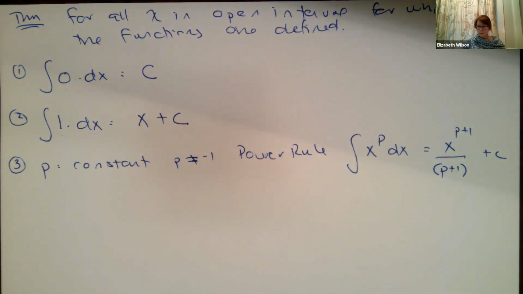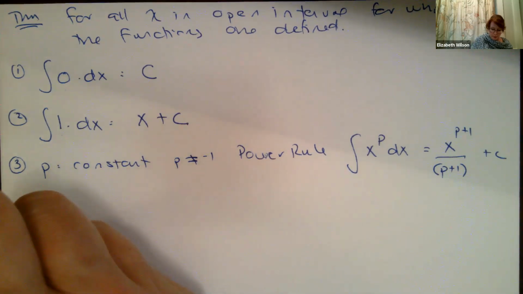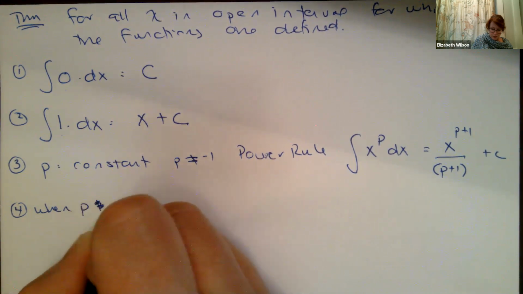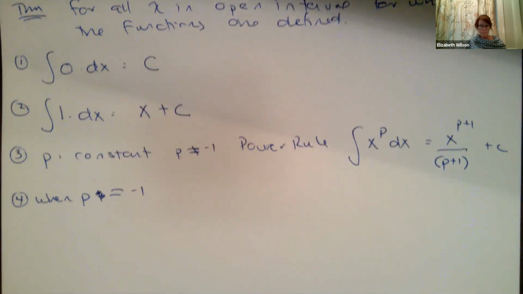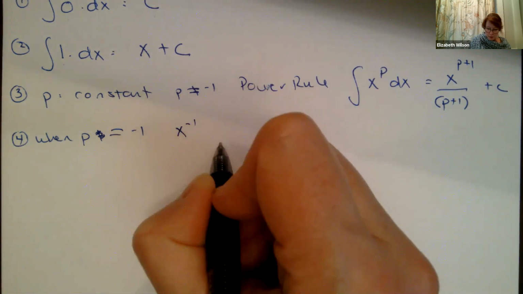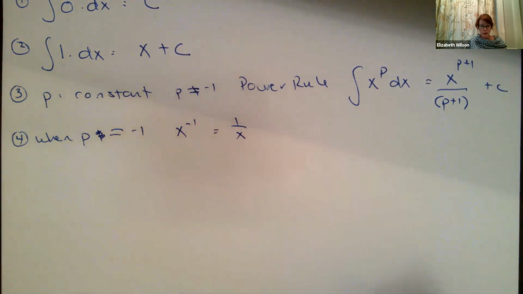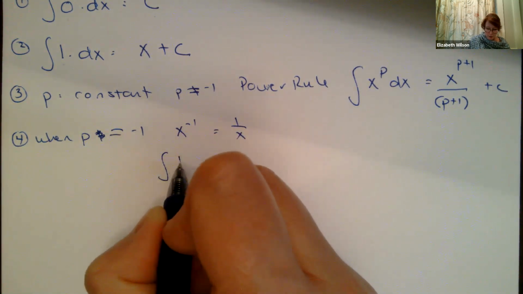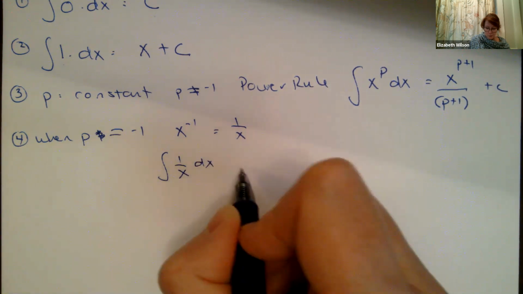Okay, let's deal with when p is equal to minus 1. If p is equal to minus 1, then I'm dealing with x to the minus 1, which is 1 over x. So if I take the integral of 1 over x dx, what do I get?